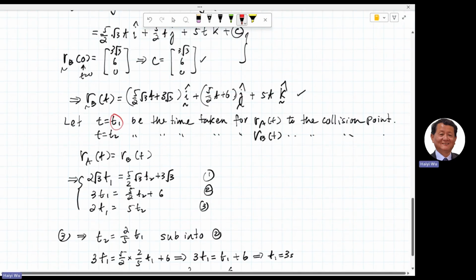When they collide, the positions should be equal. So I establish three simultaneous equations.